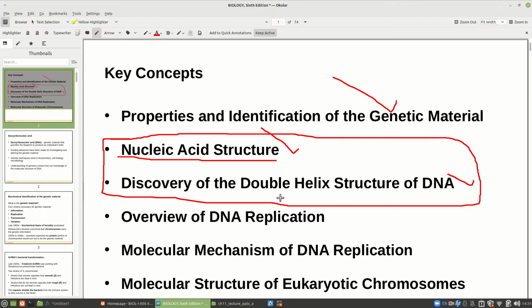So you'll need to be able to identify those. It's not like these aren't worth a lot of points. They are, but just focus on learning the basics and reading through it.